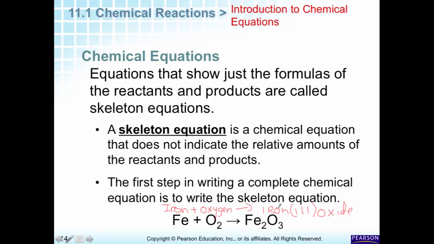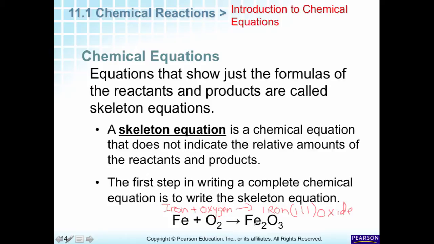So this is not the full story yet. We've actually just said the same thing we said in our word equation, but transcribed into the formulas. We're not done yet, because remember the good old law of conservation of mass. If we look at this skeleton equation, we see one iron here, but two irons here, and two oxygens here, but three here. So where did these extra irons and oxygens come from?